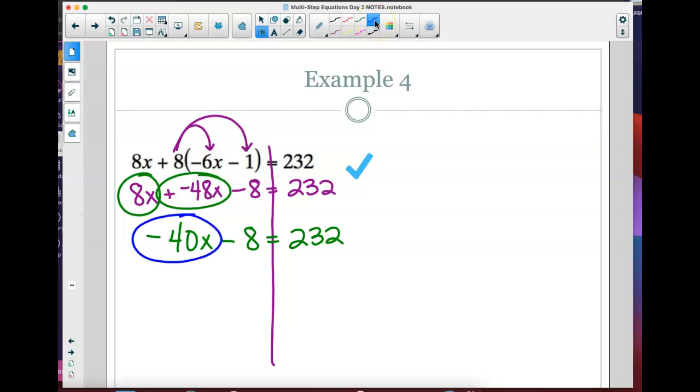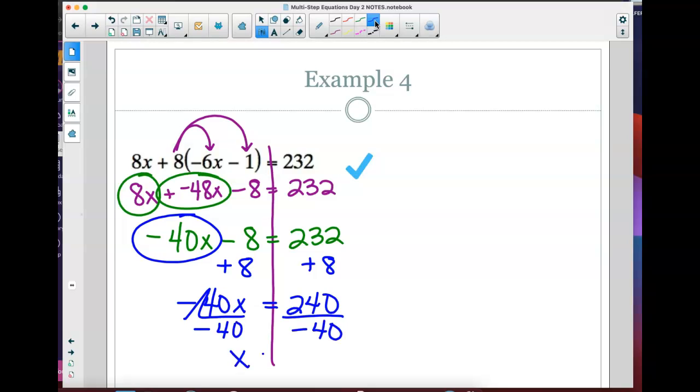How do we get rid of the minus 8? What's the opposite of minus 8? Plus 8. So we put plus 8 on both sides. We have negative 40x equals 240. And then the last step is to divide by negative 40. So x equals negative 6.